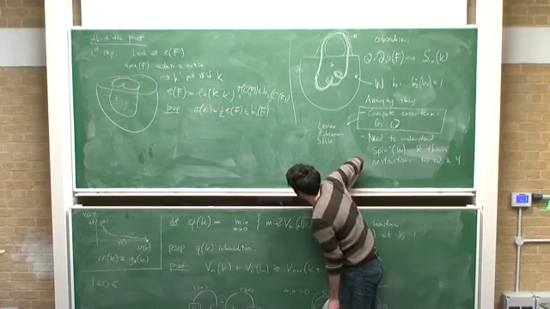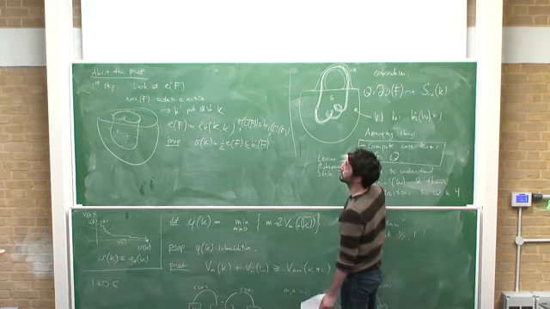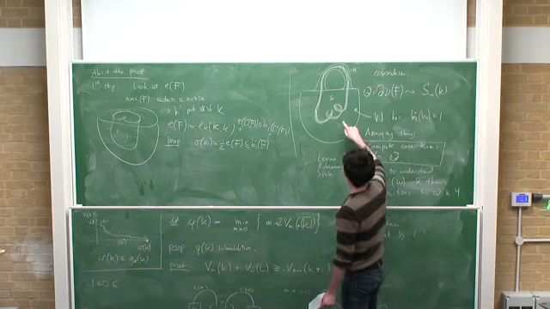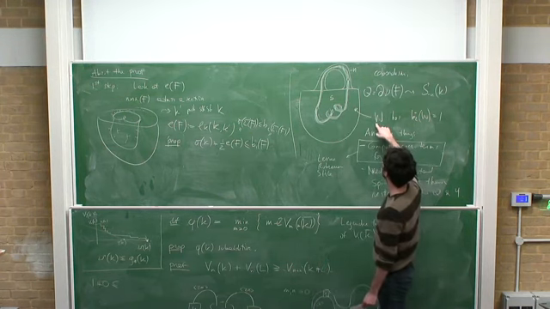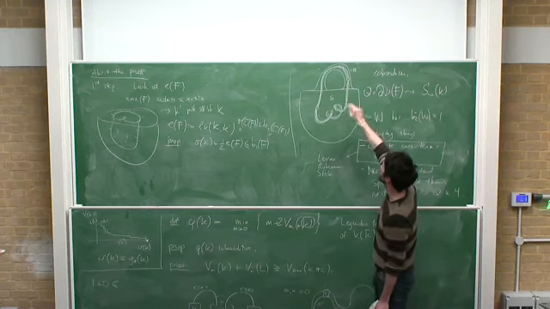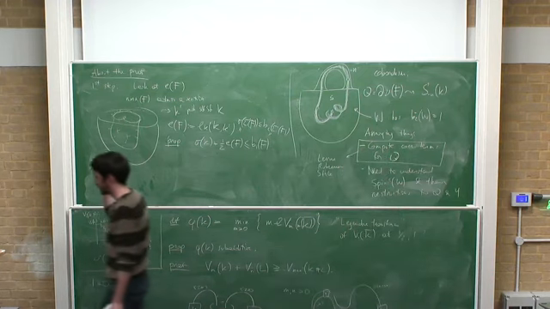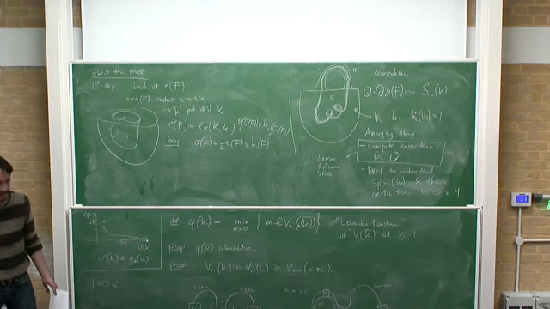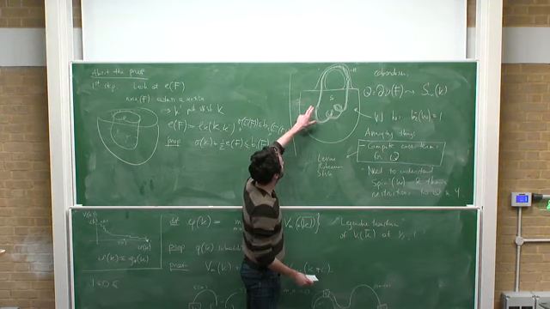Spin-C structures on the surgery handlebody are indexed by H2 of the handlebody, which is Z. And so you have spin-C structures here.